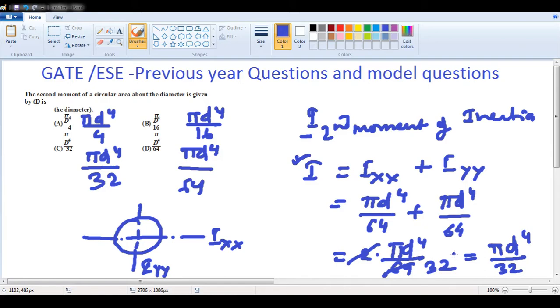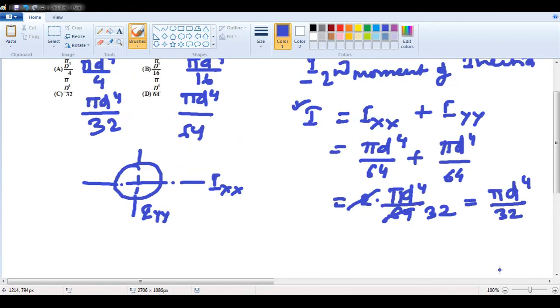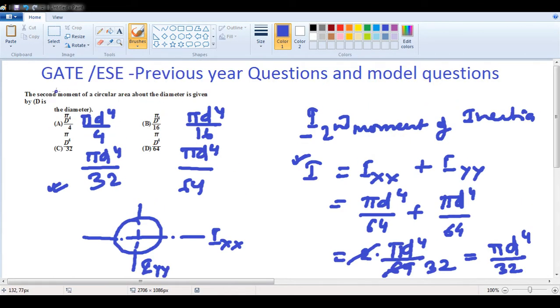So from here it is very clear that we will be getting the second moment of inertia as pi d4 by 32. But this is where students most often make a mistake. If you see, pi d4 by 32 is also there in the options. This should not be done by the student. Why? Because the question is asking the second moment of the circular area about the diameter.